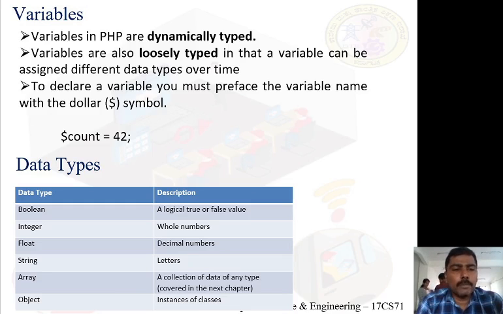The next data type is string. Next, in PHP we have an array, a collection of data of any type. At the last we have one more data type, that is named object. Clear.